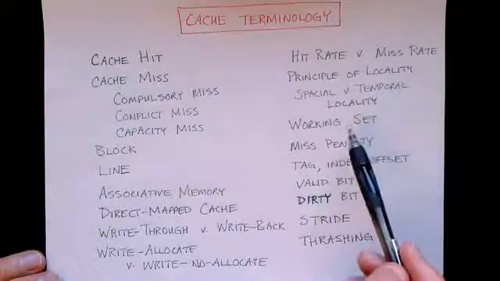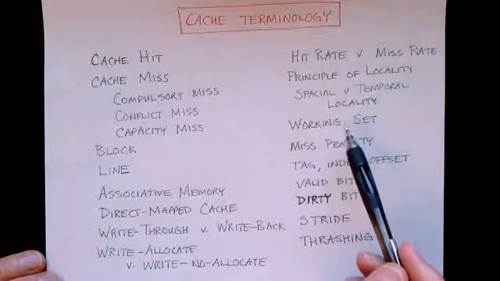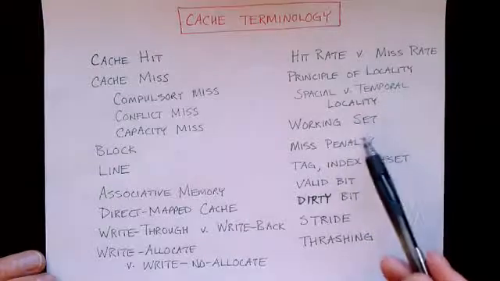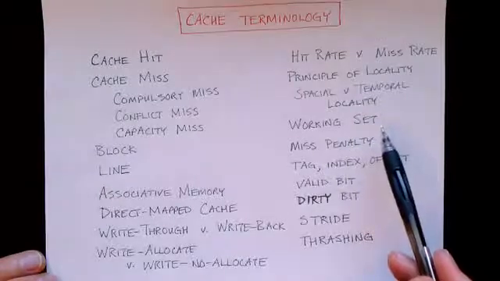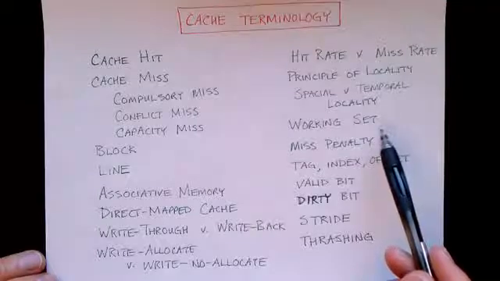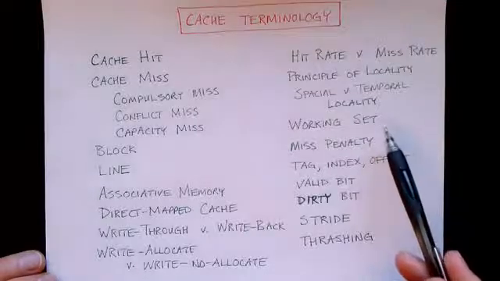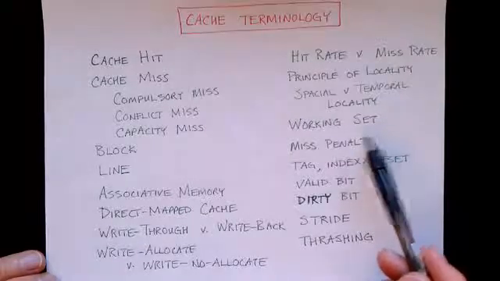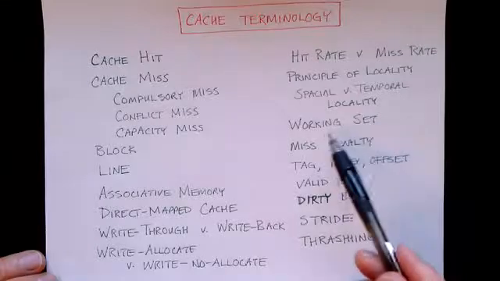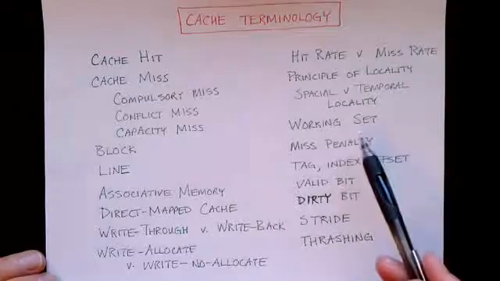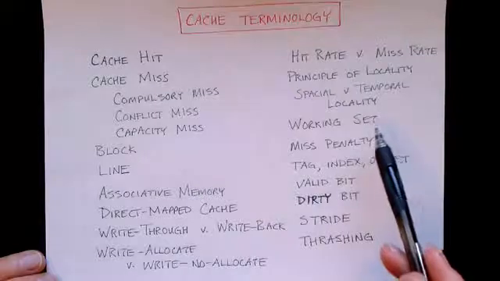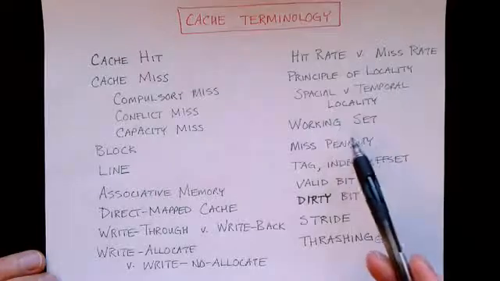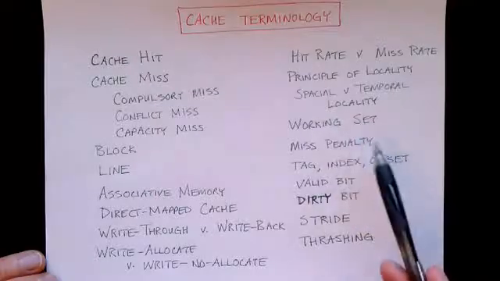We talked about the working set. When a program is running in a particular section of its execution, it's going to need some instructions and some data in memory in order to execute. It may not need all of the program's instructions or all of the data, but over a short interval of the program's execution, some bytes are needed and other bytes are not.